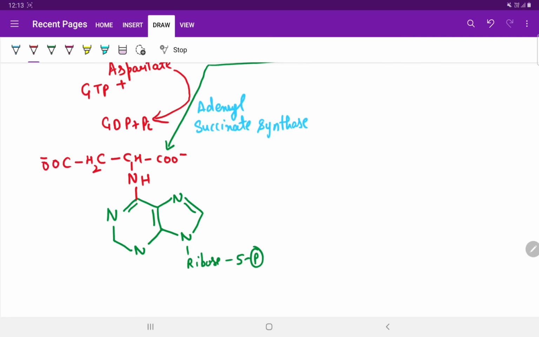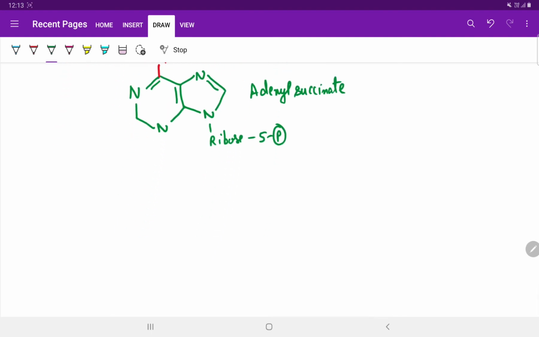So this is the example of adenylosuccinate. So this product is known as adenylosuccinate, and ultimately this leads to formation of an adenosine monophosphate in presence of adenylosuccinase enzyme. So the name of enzyme will be adenylosuccinase, and a fumarate molecule will be released.